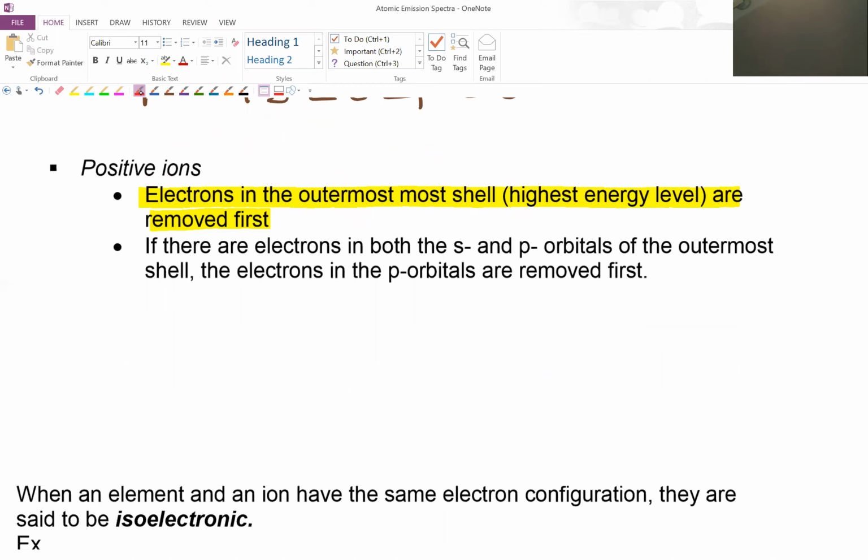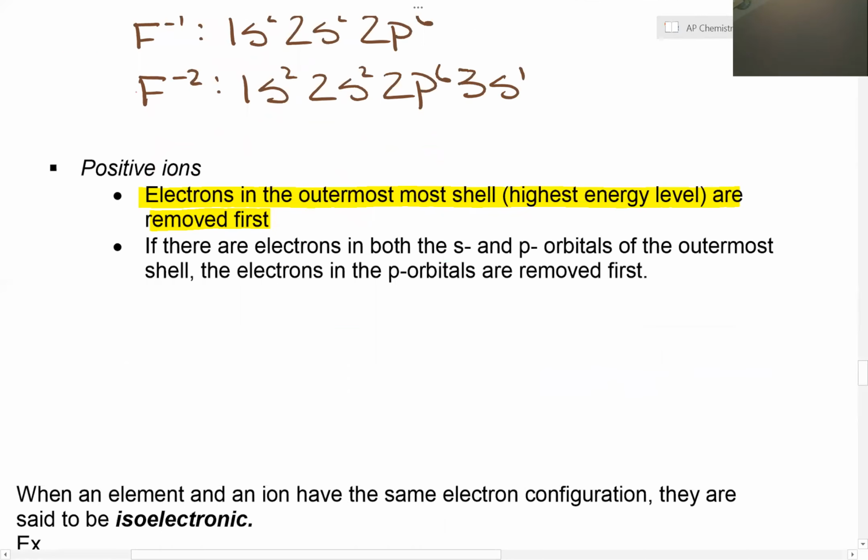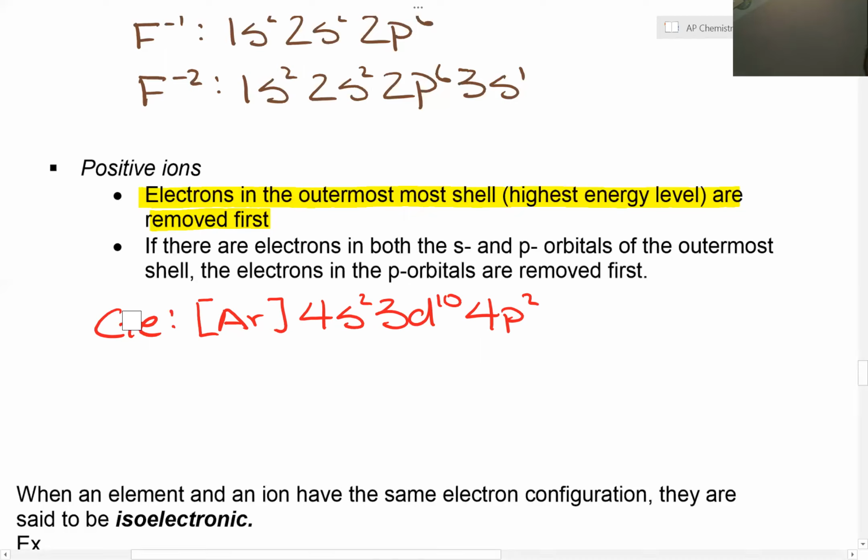Remember, it is argon, 4s2, 3d10, 4p2. Oh, actually, no, let me do something different here. Let's erase that. Sorry.